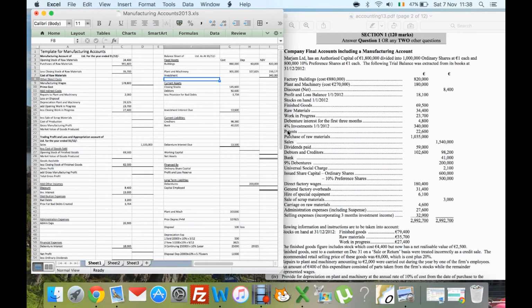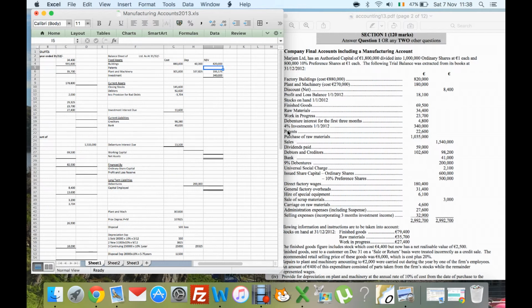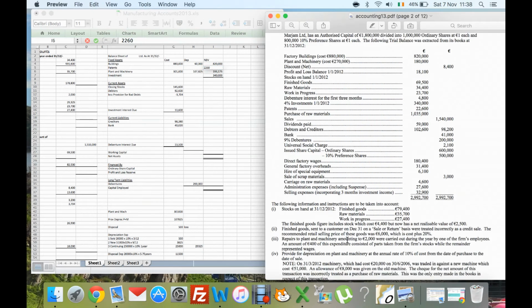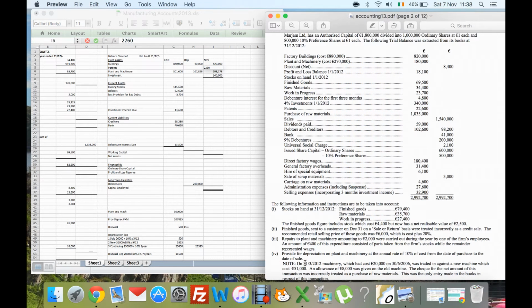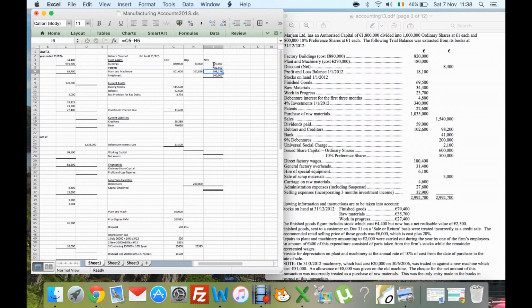Okay. Patents, 22.6, so patents aren't in there, I'll put that in. Now, did we adjust our patents anywhere here? Sometimes we'd have an adjustment for patents. No, we don't. Okay, so it's 2,600.